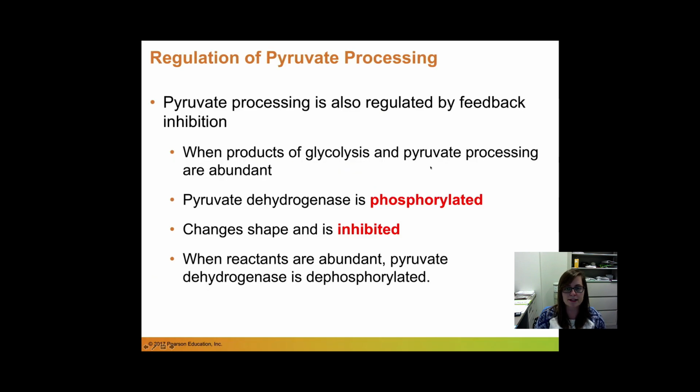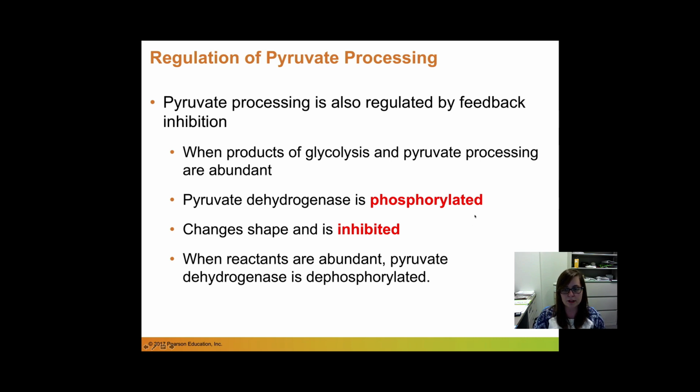Pyruvate processing is regulated by feedback inhibition. In each one of these steps, we talk about how the pathway is regulated. Remember, in glycolysis, we had feedback inhibition of phosphofructokinase. Now we have feedback inhibition of pyruvate dehydrogenase. When products of glycolysis and pyruvate processing are abundant, pyruvate dehydrogenase is phosphorylated.